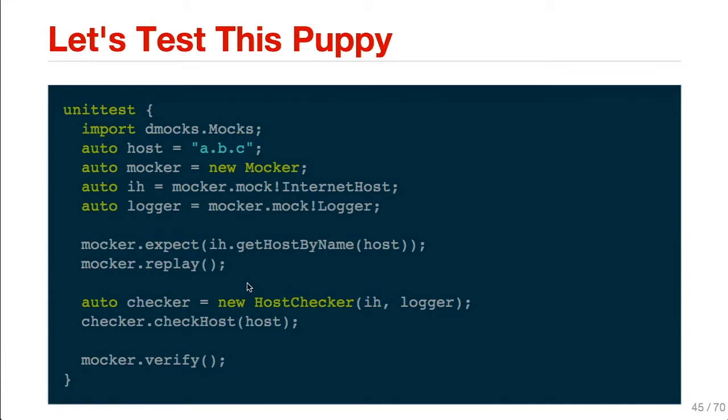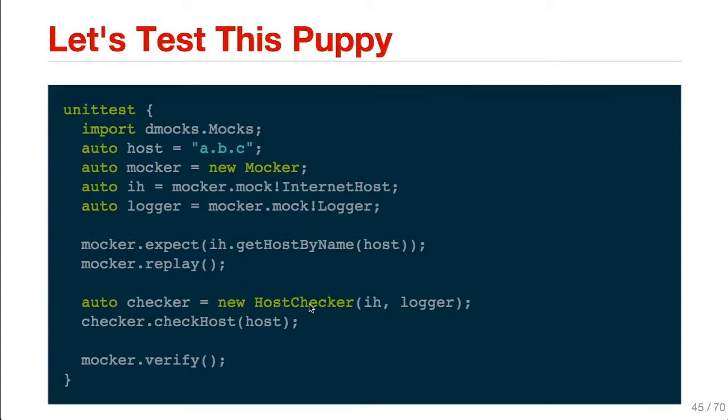So in this case, I'm going to say, hey, mock internet host, we're going to call getHostByName and pass in the host a.b.c, and that's what you're going to expect. When I say replay, it switches modes from recording what happens to getting ready to verify what's called. I'm passing in this mock object to the class under test.